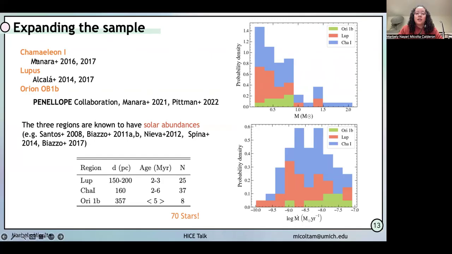Now, besides the Chameleon 1 data, we have Lupus and Orion 1b, which cover a very wide range in accretion rates and stellar parameters, but more importantly, age. With this, we were trying to see if we can find an evolution with age, to see if it's just a natural process of dust evolution or something else.